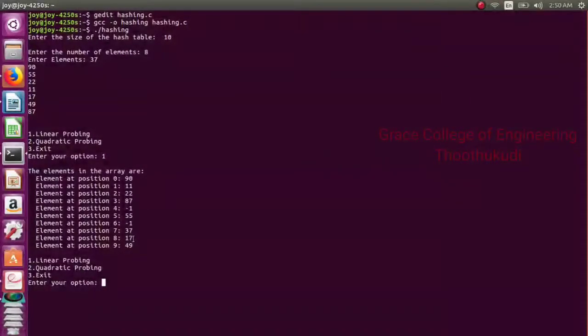Then 49. 49 mod 10 means the remainder is 9, so it is placed at index position 9 in the hash table. The last element is 87. 87 mod 10 also gives the remainder 7.